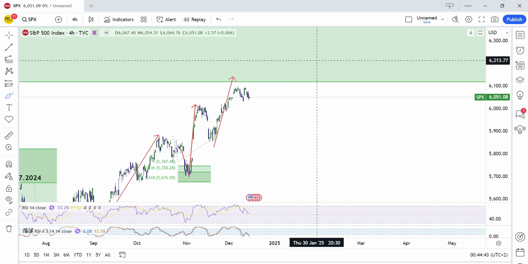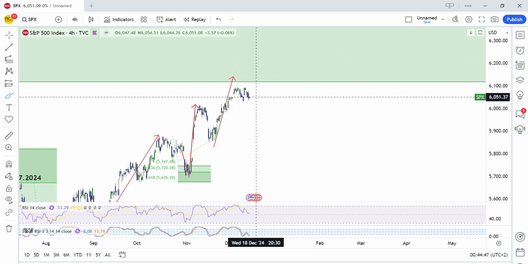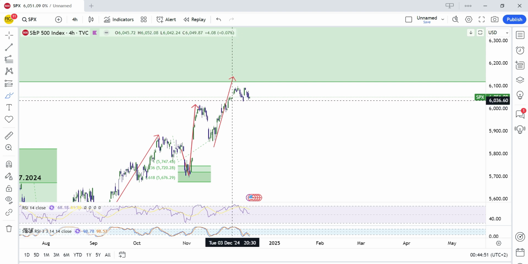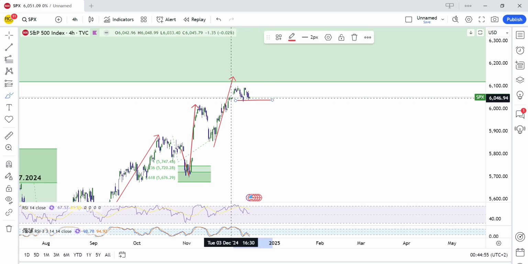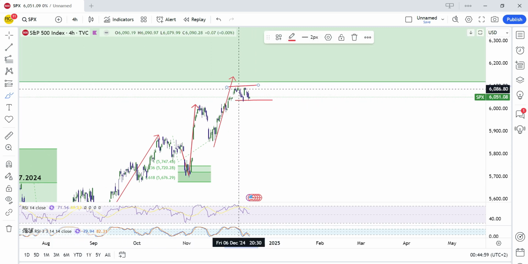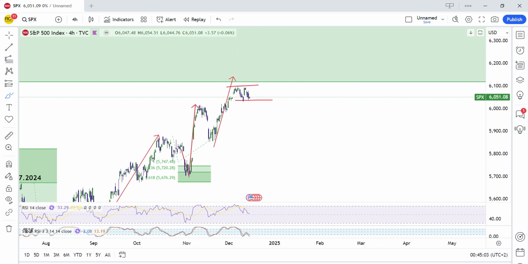We can see the market at the 6,200 area or so, but of course at this stage someone should be very cautious with the risk management, because this is an elevated market at this point, but this price action is still going to be just a correction for this push to the upside for the next week.